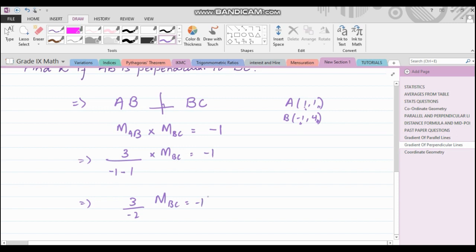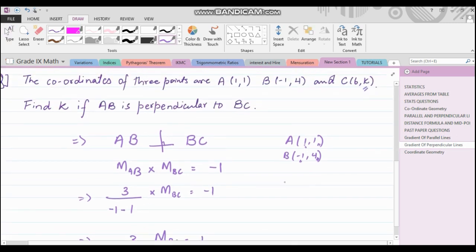So let's see what I can do for B and C. B coordinate again is -1, 4, and C coordinate is where your K lies, 6, K. Basically we are after this.